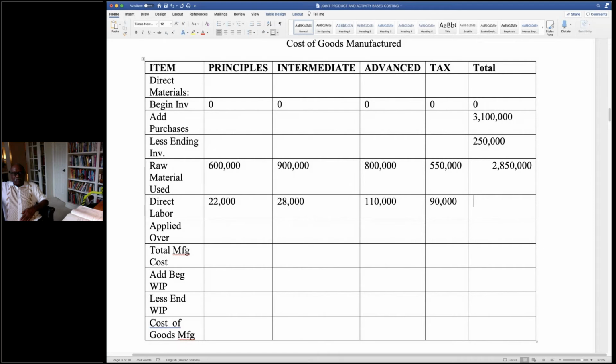All right, and then right here, we're gonna put their applied manufacturing overhead for each one that you would get from the journal entries. So principals had 17,600.